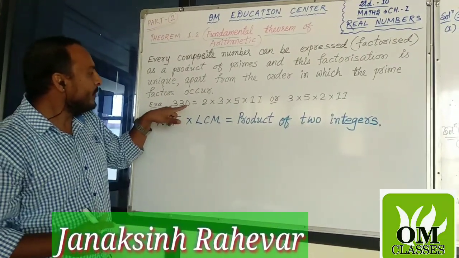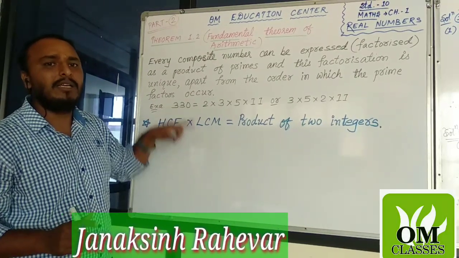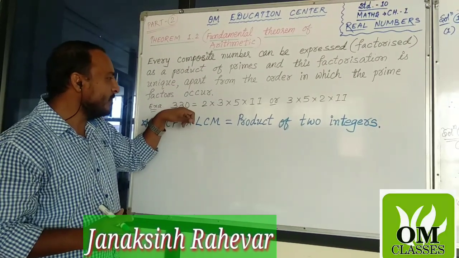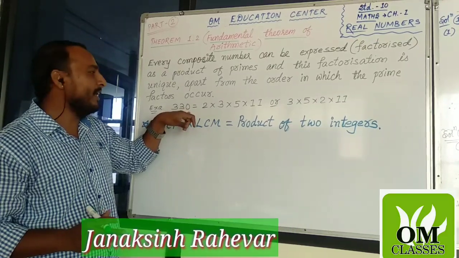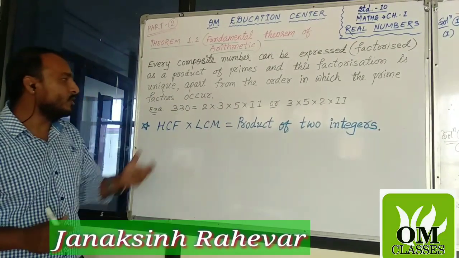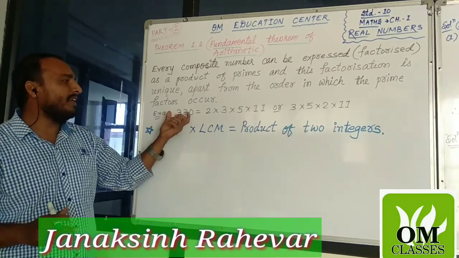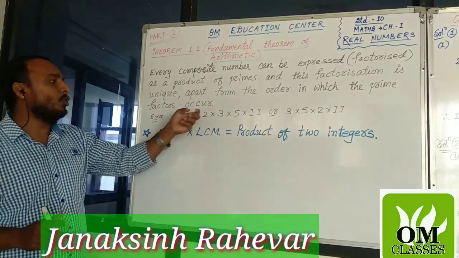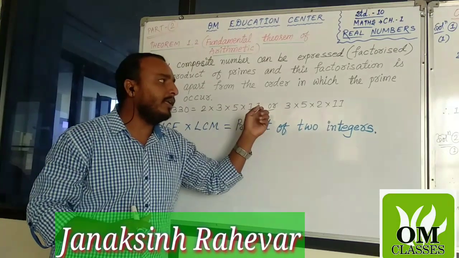Now this is 330, and as you all know, 330 has last digit 0, so it is divisible by 2 and by many other numbers. If you find the factors of 330, they are 2, 3, 5 and 11.